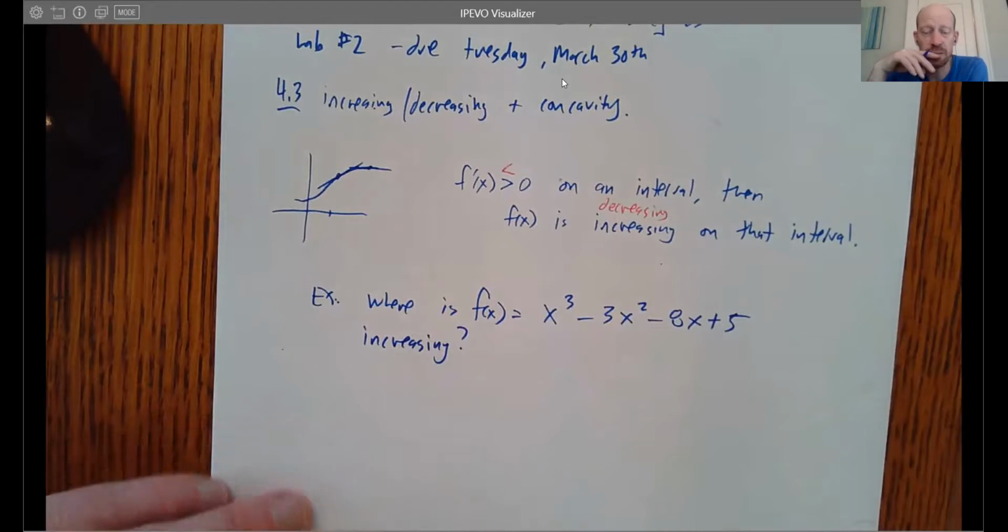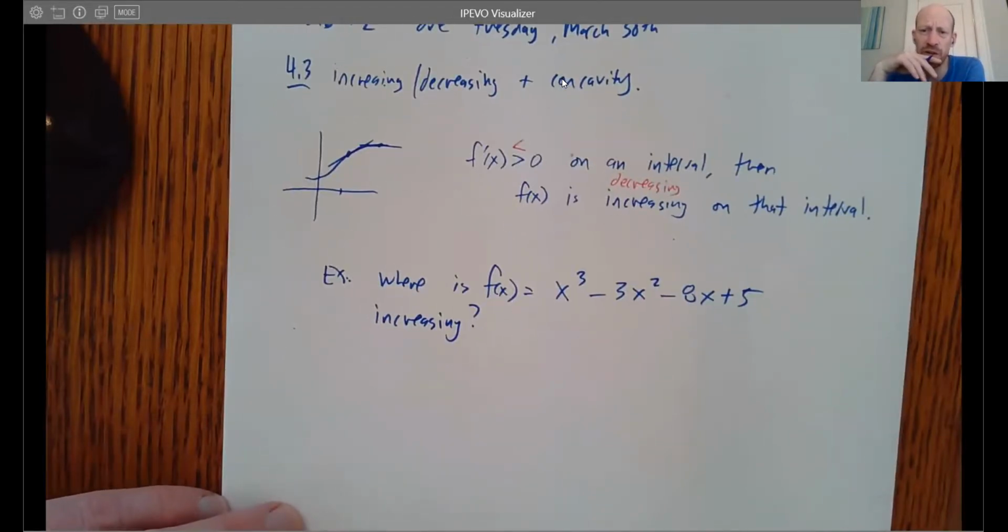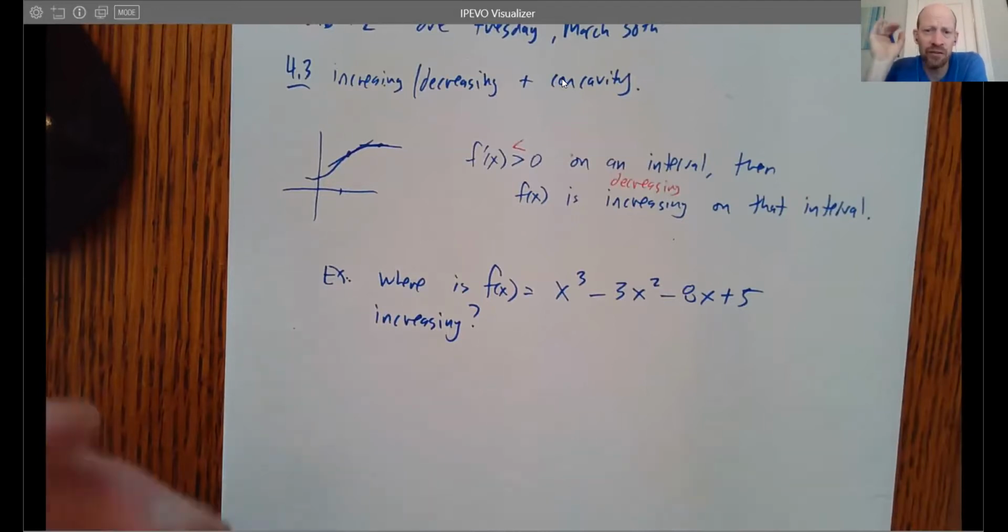here's a function. It's a cubic function. And the question is, where is it increasing? And then, of course, also where is it decreasing? Because it's one or the other, or else it's flat, 0. This is a question we couldn't really answer before we had calculus, or these ideas of the derivative.